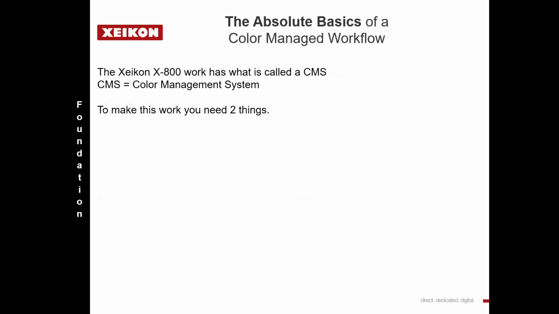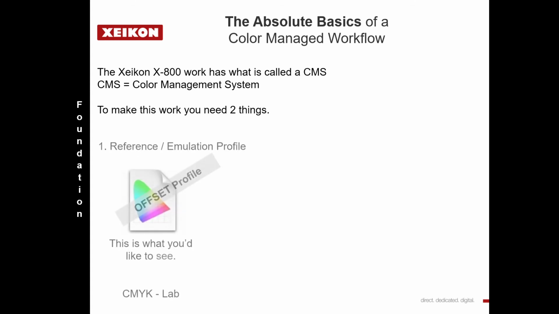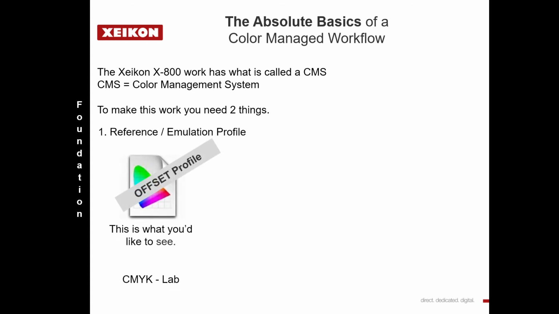Now inside the X800 workflow, which is attached to every Xeikon, we have a CMS or Color Management System. And to make this work, you need 2 things. First, we need a reference or an emulation profile. This is what you would like to see printed.